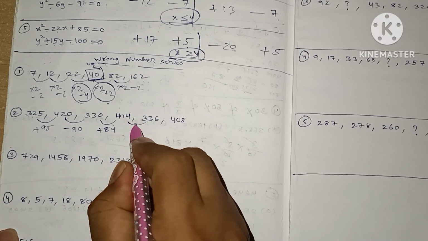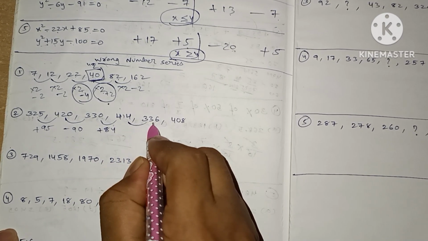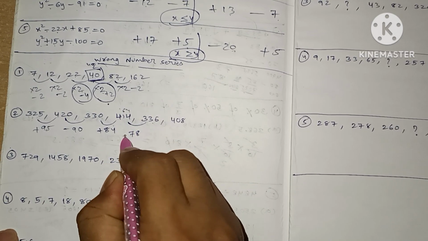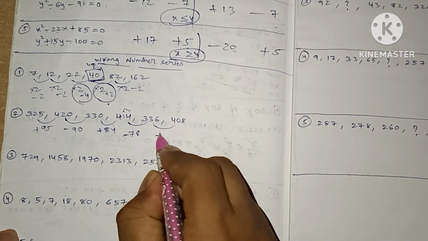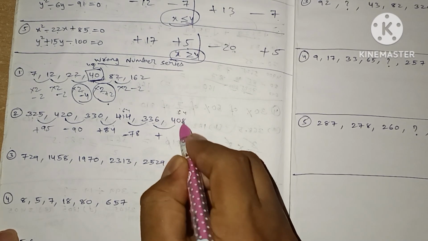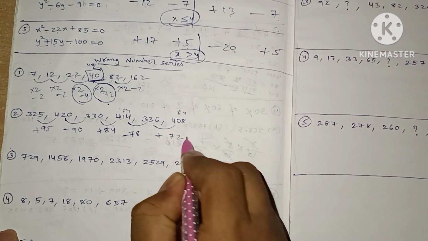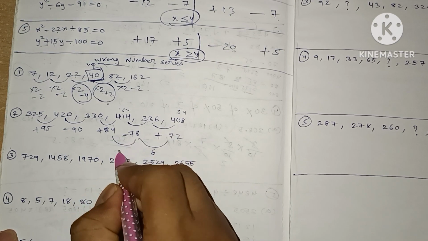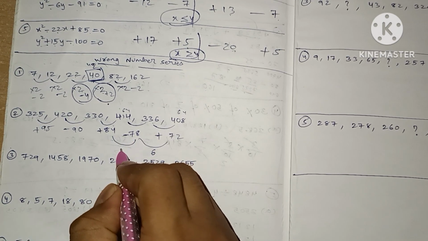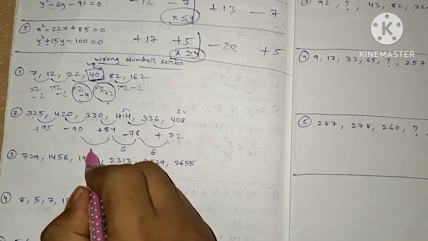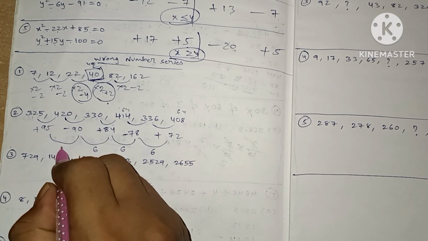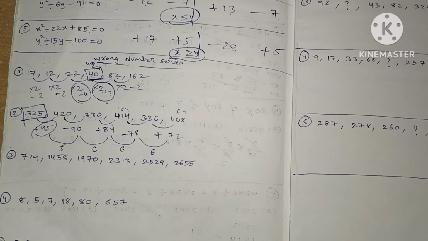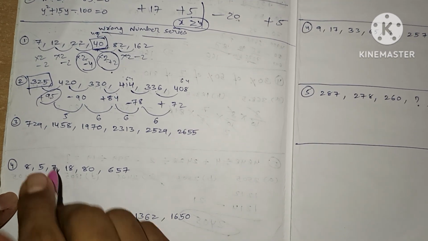Here the difference between these two is 64 plus 14, which will be 78. This will be 64 plus 8, which will be 72. So the difference between these two is 6. Difference between these two is also 6. Difference between these two is 6, but here only a difference of 5, so this is our wrong number. Okay, next, third question.